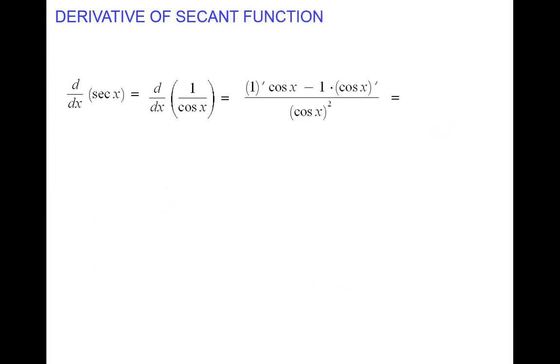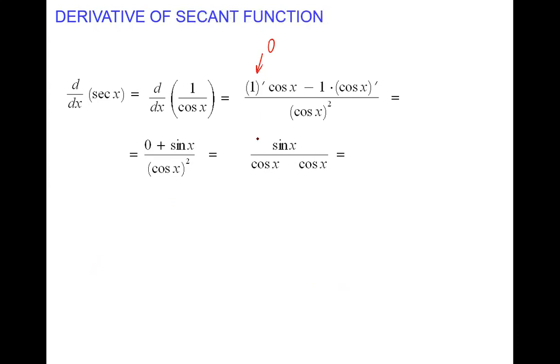Secant, 1 over cosine. Quotient rule: derivative of 1 times the denominator minus 1 times the derivative of the denominator. And please note, the derivative of 1 is 0, because it's just the constant function. And then we have sine of x over cosine times cosine.